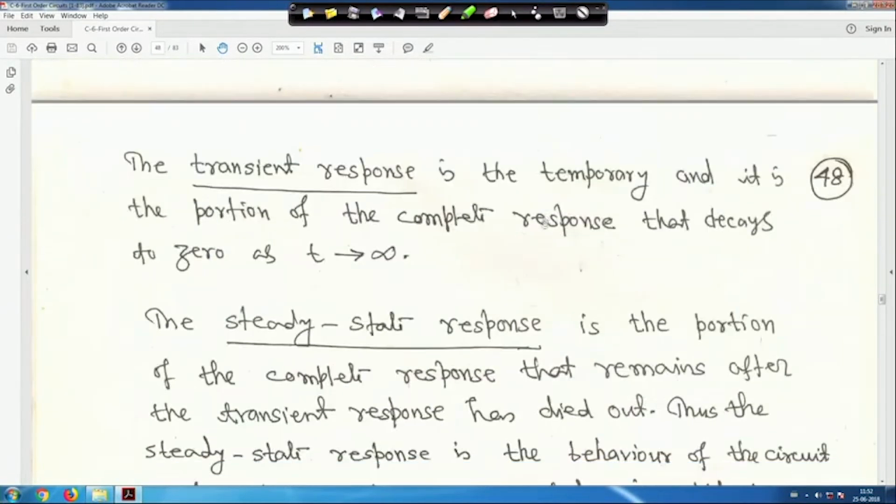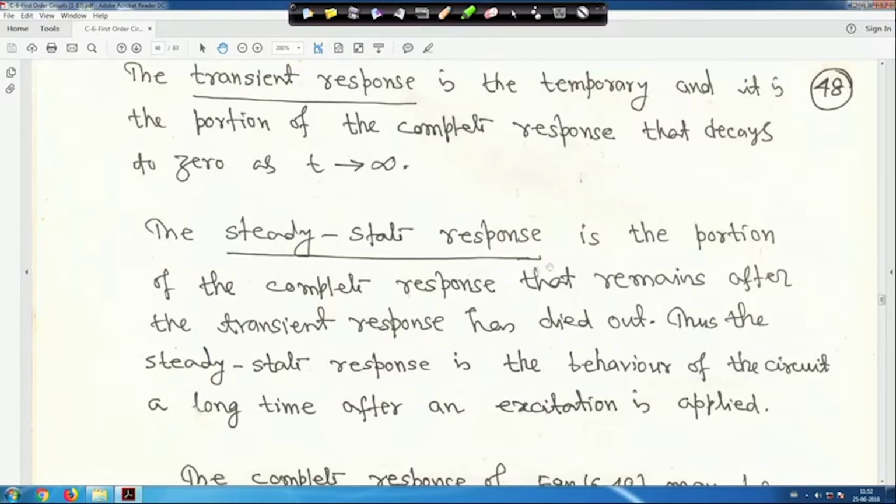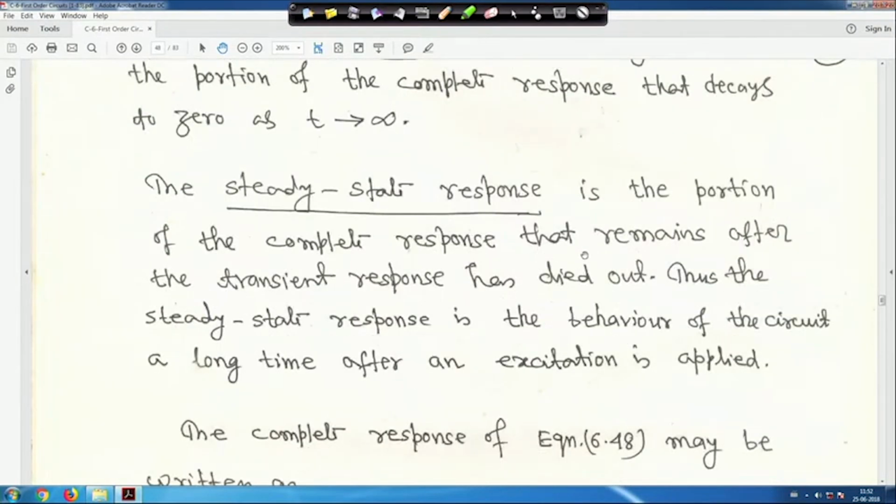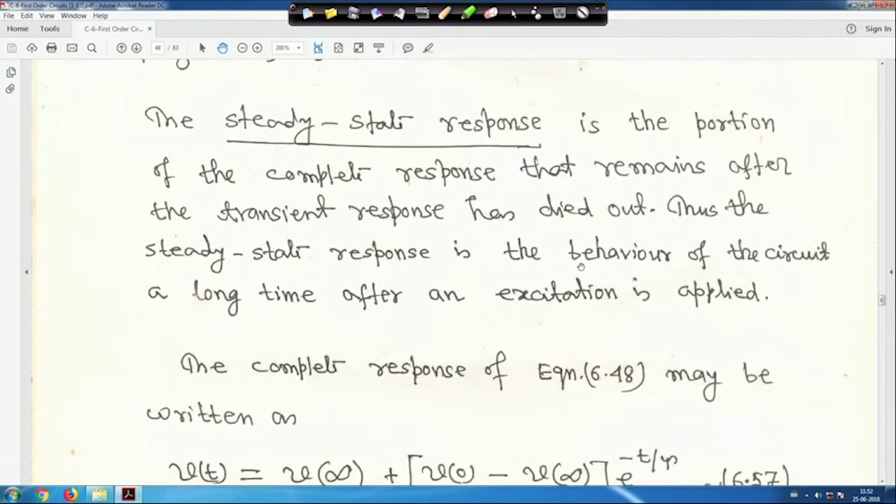The steady state response is the portion of the complete response that remains after the transient response has died out, I mean when the transient is over, right. Thus, the steady state response is the behavior of the circuit a long time after an excitation is applied. That means, suppose the voltage source is switched on, your steady state will be achieved after a long time, right.